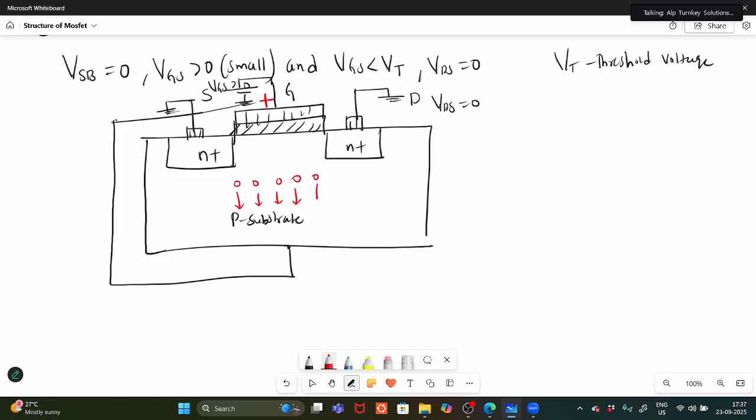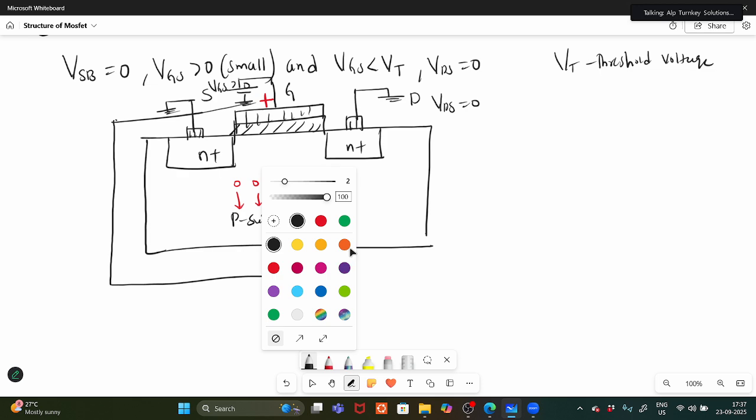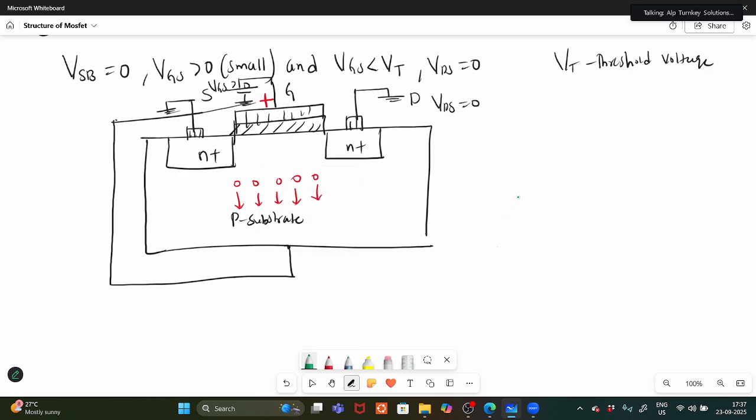And what are the minority carriers? Electrons. These electrons will attract, but due to the insulator, they will not go into this positive charge; they will be available at the surface of the substrate.